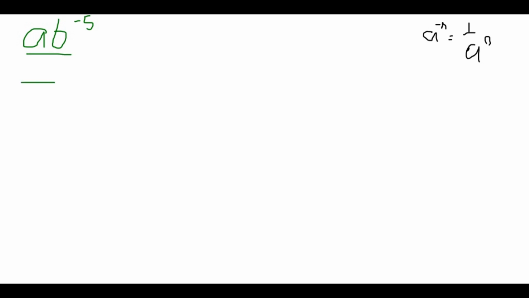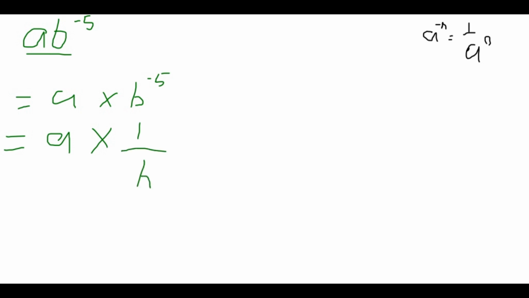So this is equal to a times b to the power of negative 5, and it's equal to a times 1 over b to the power of 5, and this is equal to a over b to the power of 5, and this is your answer.